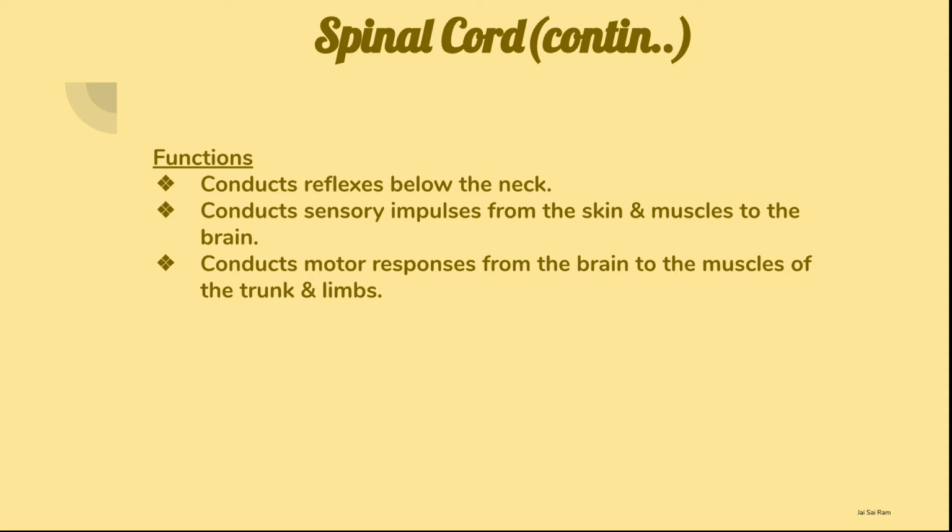And it also conducts motor responses from the brain to the muscles of the trunk and the limbs. Whatever messages come from the brain are carried through the spinal cord to the muscles of the trunk and the limbs. So the spinal cord has three main functions.